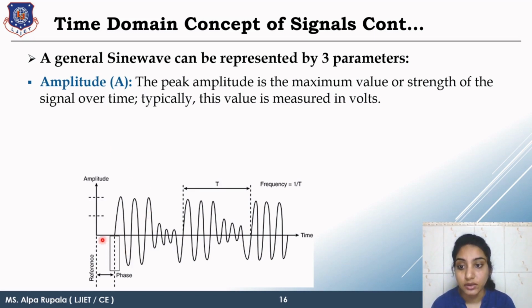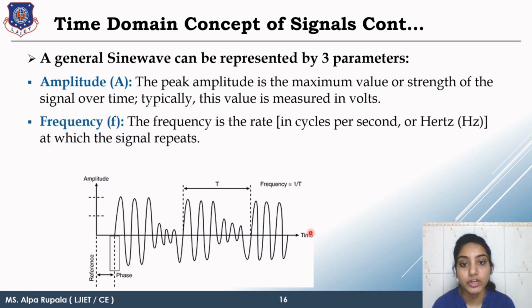That means the volts of strength your signal has at a particular interval of time is known as the amplitude of the signal. The next term is peak amplitude. Peak amplitude means the maximum value or strength of your signal over the full interval of time.